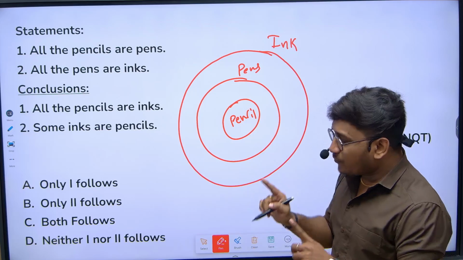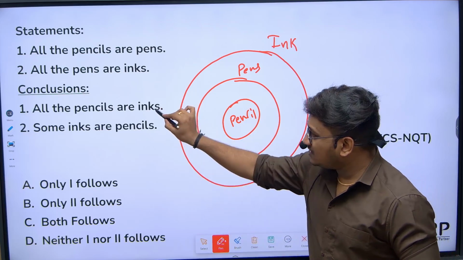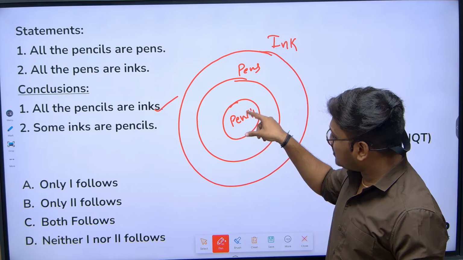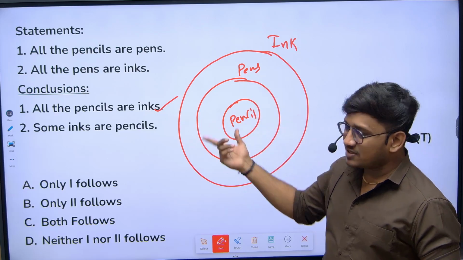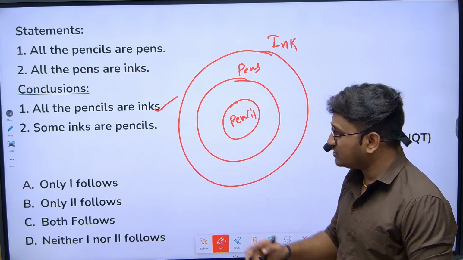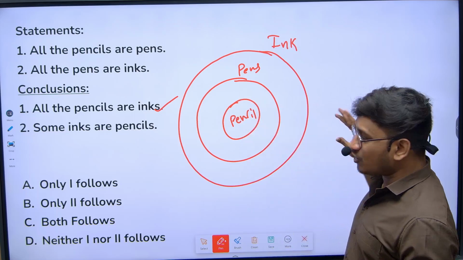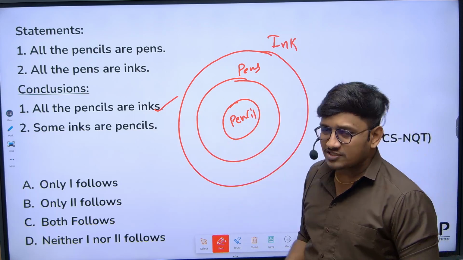So is there any possibility that we can prove this conclusion wrong? No. Obviously this conclusion is correct, because all pencils are inside pens and all pens are inside inks. There is no possibility that we can take the pencils outside of the ink. So we have to accept that the given conclusion is correct.